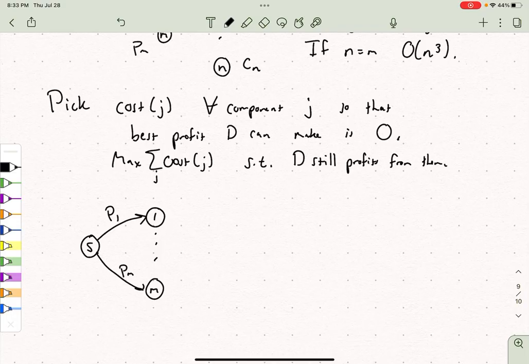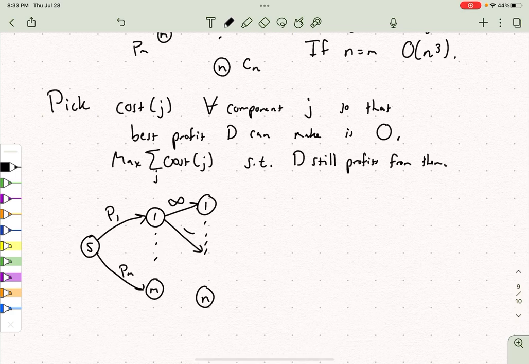Technically, we also have edges to the components, but we already know those don't profit us, so there's no point. Then we also have the 1 to N components. We have edges of infinite capacity whenever there's a dependency.